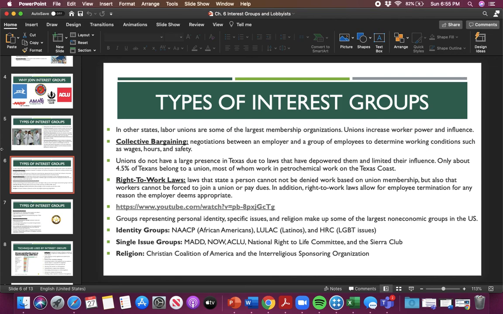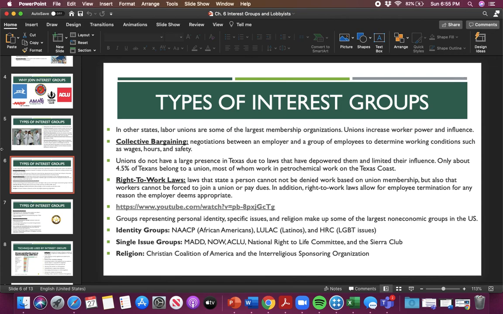But this is what I was talking about at the beginning of the semester, where Texas is very much a business friendly state, sometimes to the detriment of the Texas worker. Texas definitely sides more with the corporations themselves, because they get a lot of economic benefit from large corporations that they don't get as much from protecting the interest of workers.